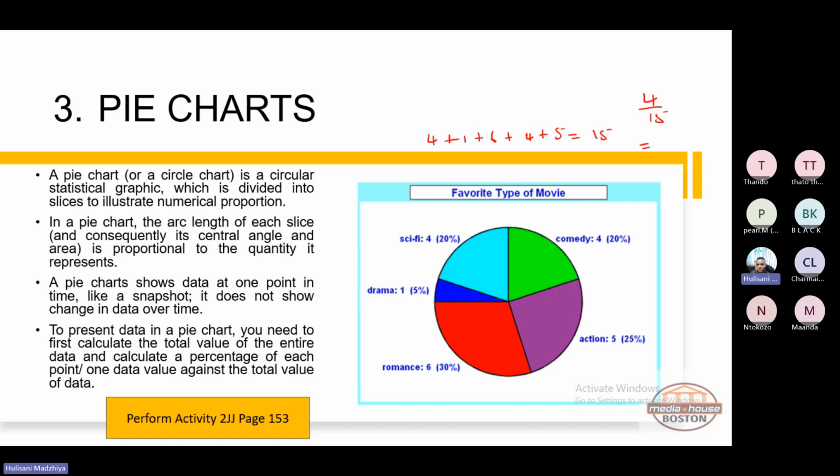That will be 4 divided by 15 multiplied by 100, which gives you about 26%. This is how we identify the percentage. So this will be 26%, and then you do 1 out of 15.